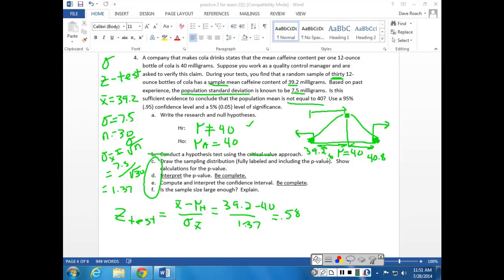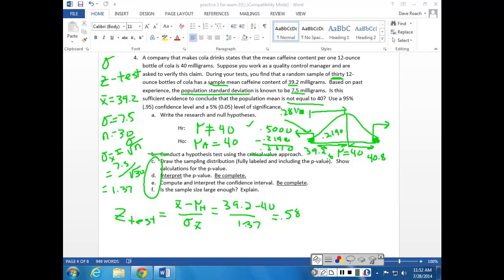So we'll go to our z-table to 0.58, and that's 0.2190. That's here. So the area out here is 0.5 minus 0.2190. That's 0.2810.